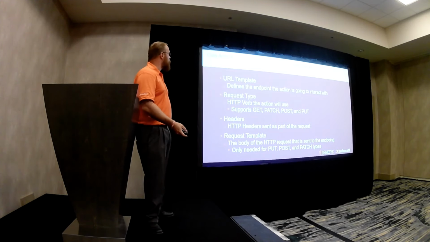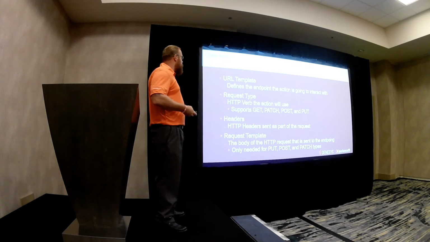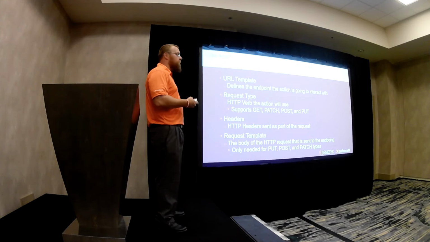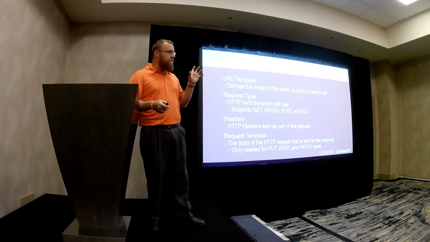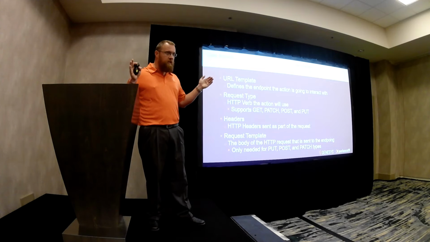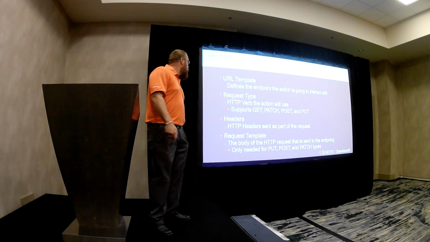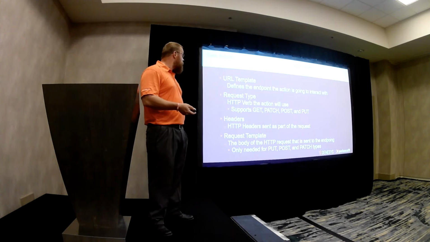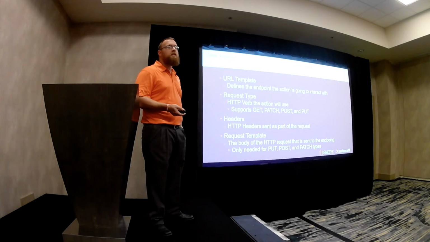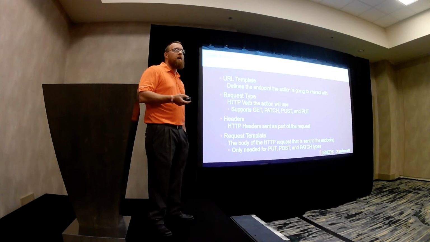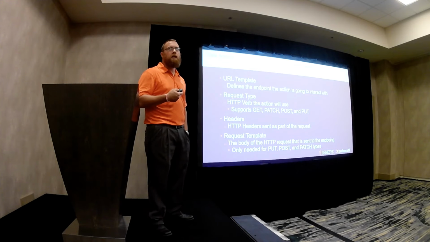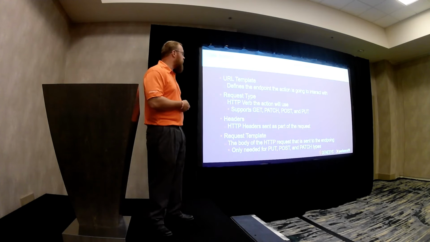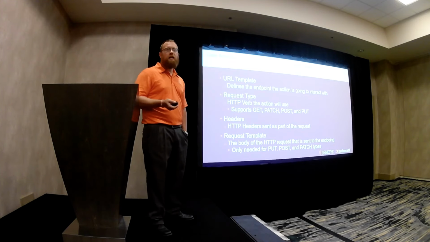Okay, so now we get a little further into the request configuration. The next thing that we're able to define is our URL template, which is where we're going to go to interact with this other service. It can either include the base URL or be the entire URL that we're trying to interface with. Then we've got our request type, which is the verb that we're using, and the headers that we're going to be sending along with this, so we can define what sort of responses are going to be acceptable, whether they should cache things, and if we're using a token and it's supposed to go on a bearer header, this would be where we'd fill that in.